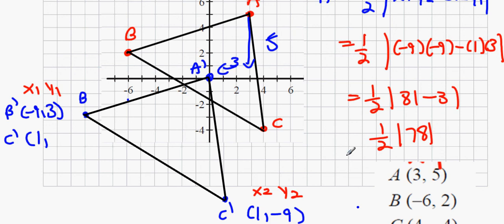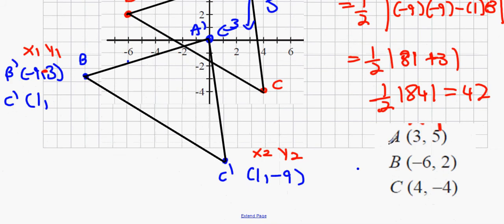Oh, sorry, excuse me. It's minus 9 minus 3. So that's a minus 3 here, so it's going to be 81 plus 3, which is 84. So half of 84 equals 42. So the answer is going to be 42.